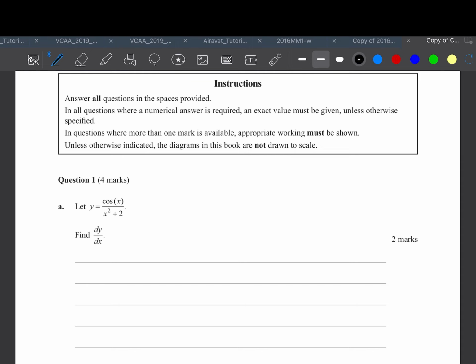So let's say dy over dx is just going to be keep the bottom one as it is, so x squared plus 2, multiply it and differentiate the top one, so that will be negative sine of x, minus, now we differentiate the bottom one, so 2x, and then multiply it by the top function, so cosine of x.